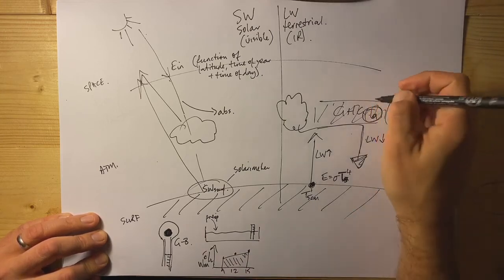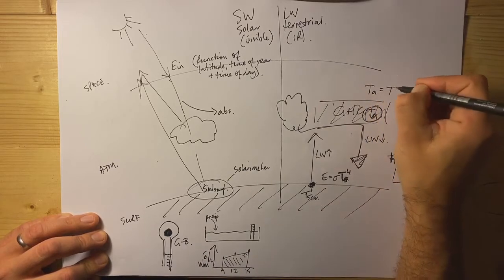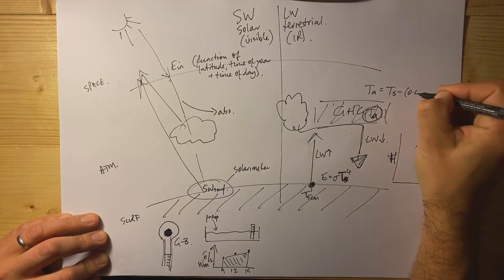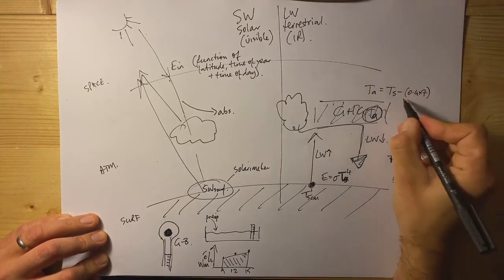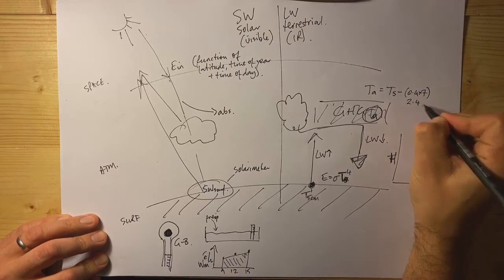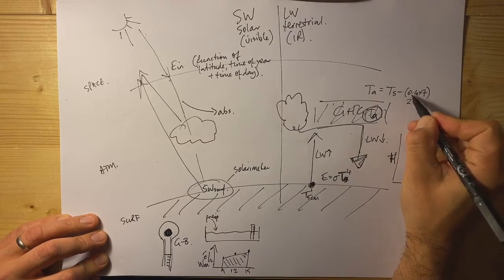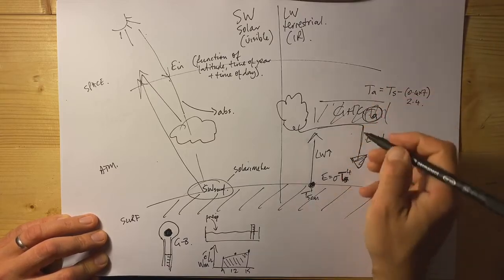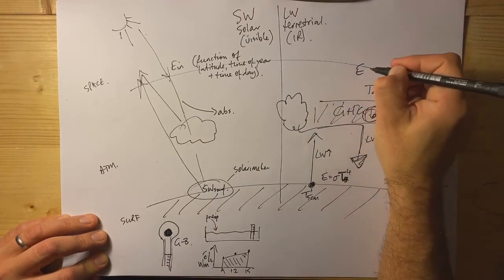So in the worksheet, the temperature of the atmosphere equals the temperature of the surface minus 0.4 times 7, which is 2.8. That's 400 meters. If it was a full kilometer, it would just be minus 7, but it's just 400 meters.